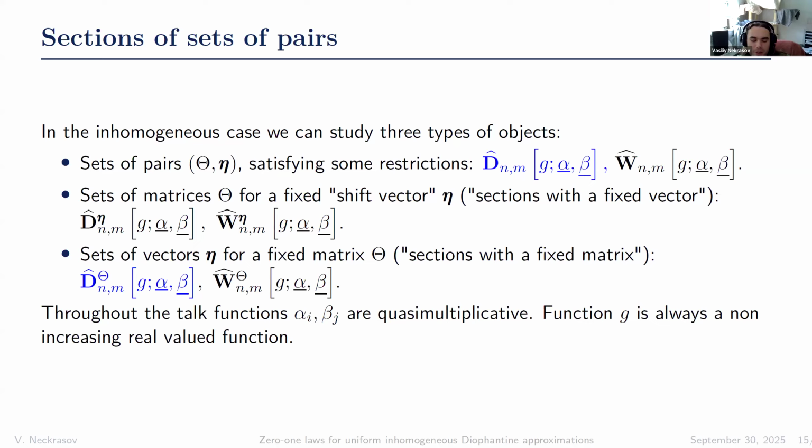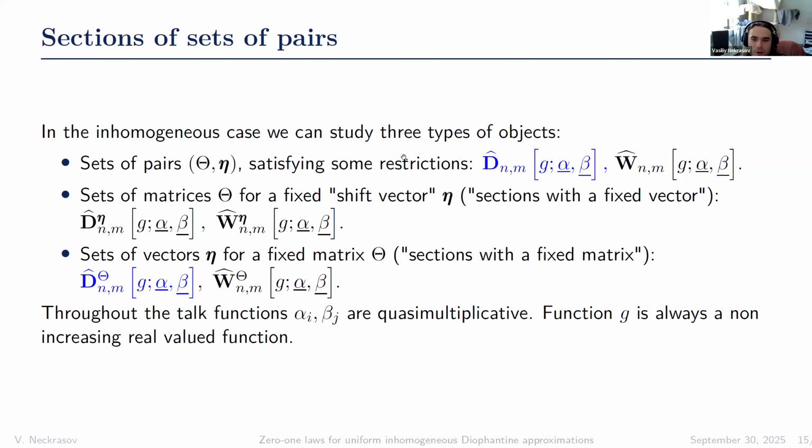One setup is when we are considering the set of pairs, and two other setups is when we fix a matrix and consider the set of vectors eta, or we fix a shift vector eta and consider the set of corresponding matrices. So there are three possible different setups, and they should be studied to some extent separately, although of course there are relations and we will see them today as well.